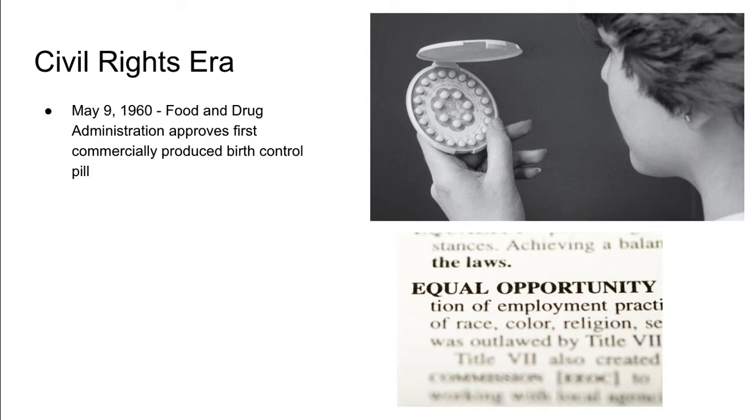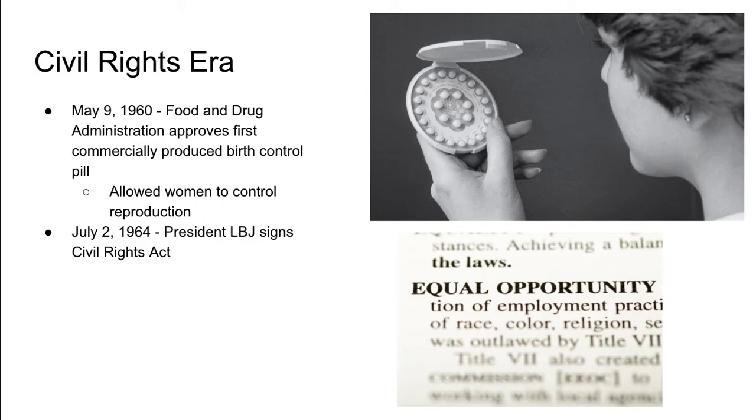Women were able to get a prescription from their doctors, and then they would take the pill. And this was a big change for women. It allowed women to control their reproduction. Previously to this, there wasn't really anything to stop this, and there wasn't that control for women over their bodies if they didn't want children. So a big voice for women having control over their bodies.